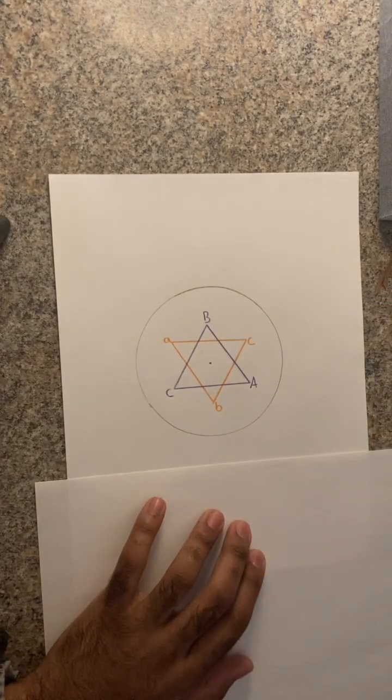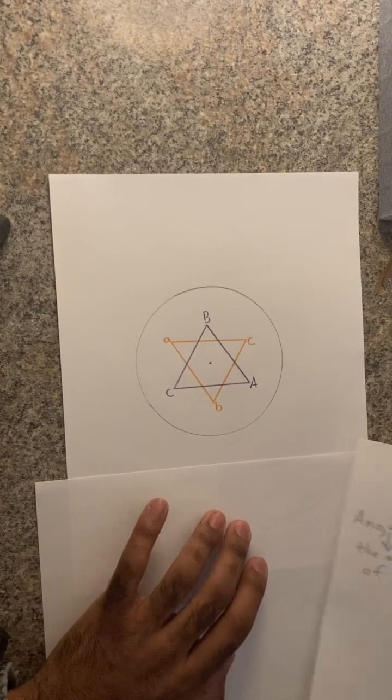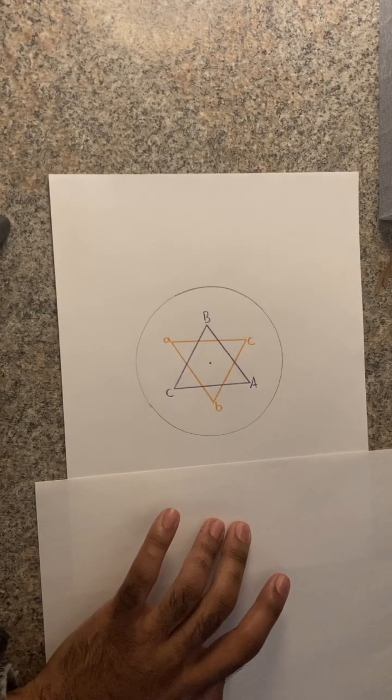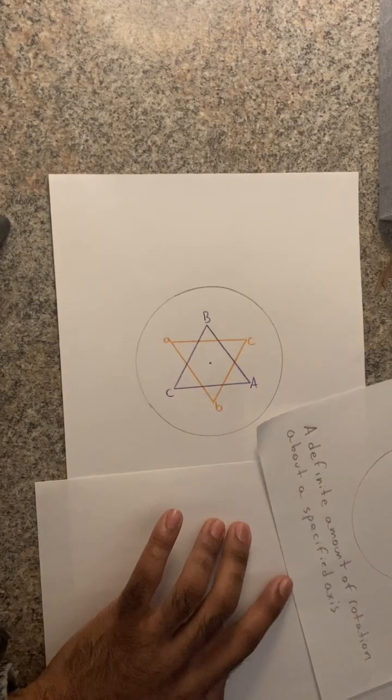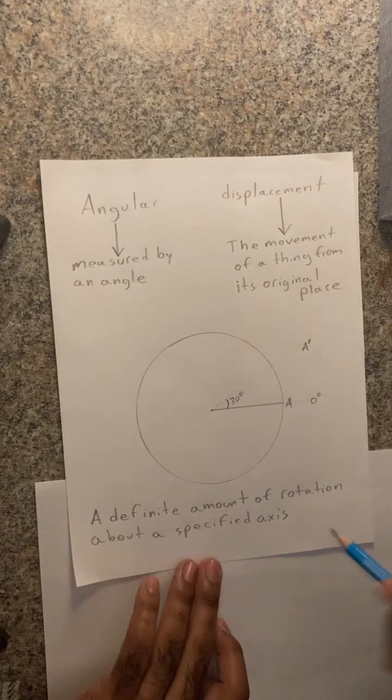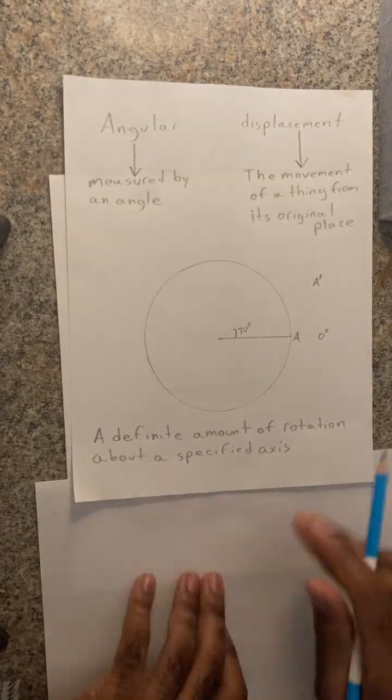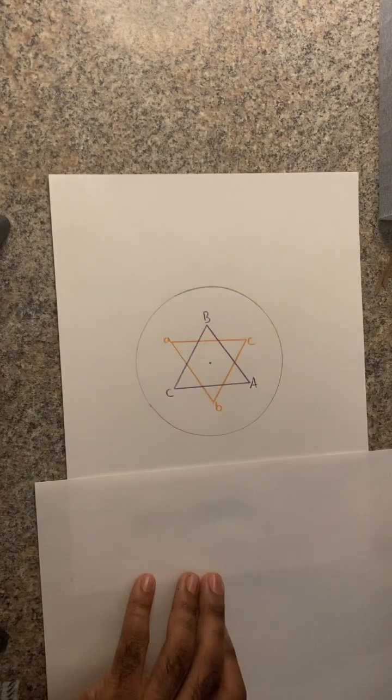But if we go back to the original definition, a definite amount of rotation about a specified axis.